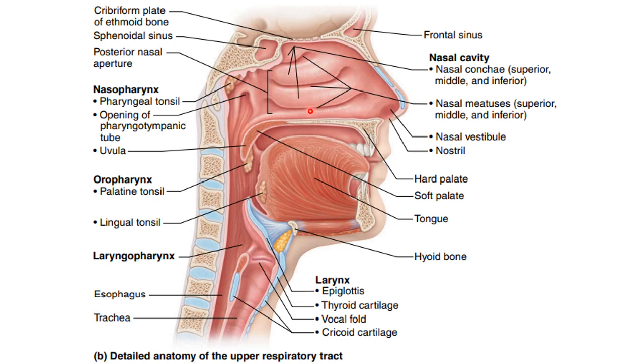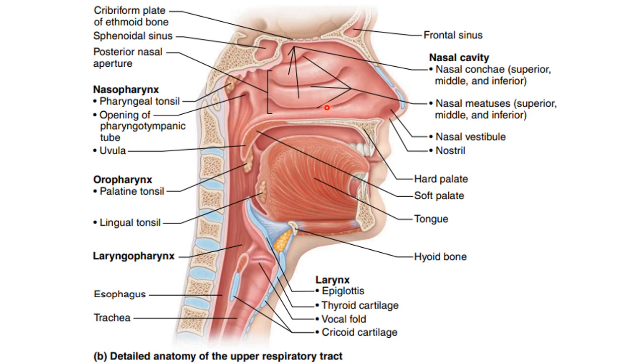So what is the purpose of the concha? This will increase the surface area coated by respiratory mucosa, and this will serve to purify the air that goes more posteriorly, as well as humidify it, or add water into the air so that the air is not dry. On the other hand, the meatuses are common drainage locations.